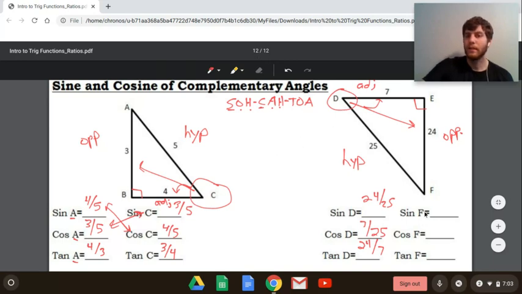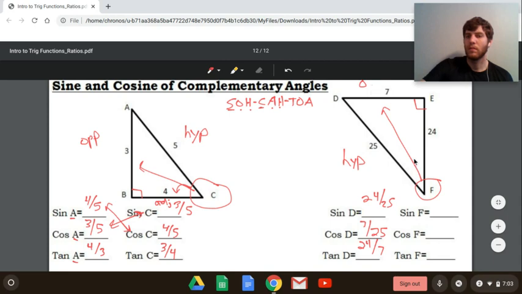Okay. And again, for F, we want to change. So again, the hypotenuse stays the same, but the adjacent and opposite sides are going to flip. So let's circle our angle F. Okay. Across from it is opposite. So this becomes the opposite side, the 7.